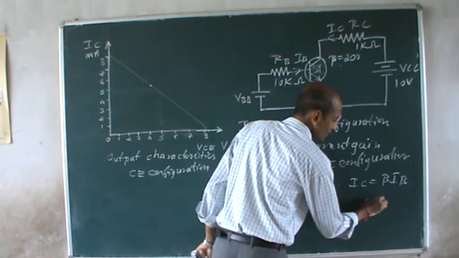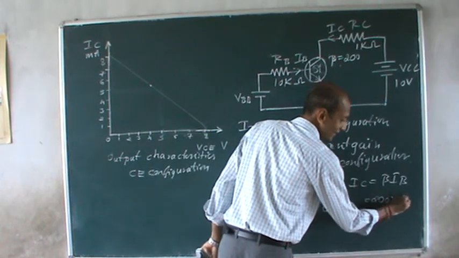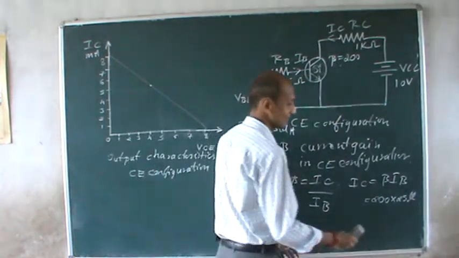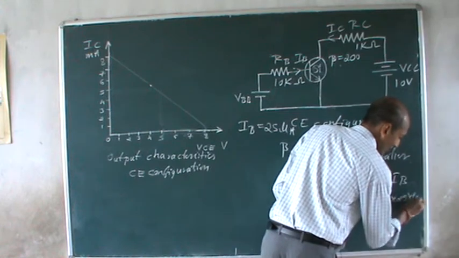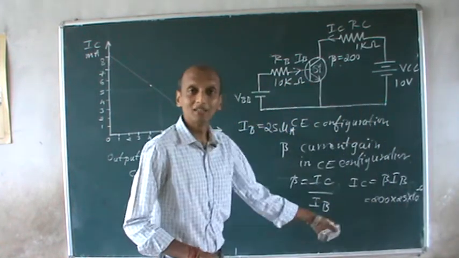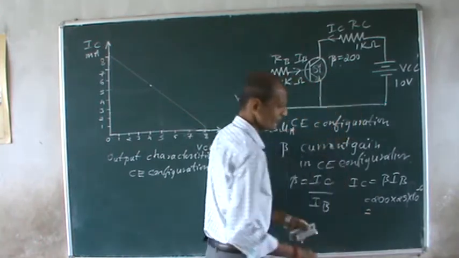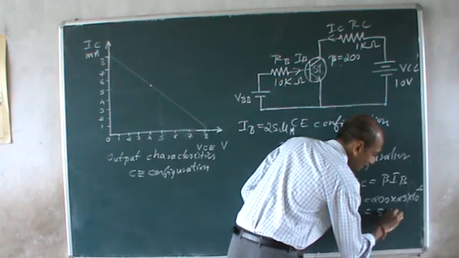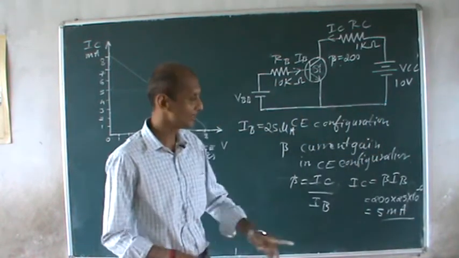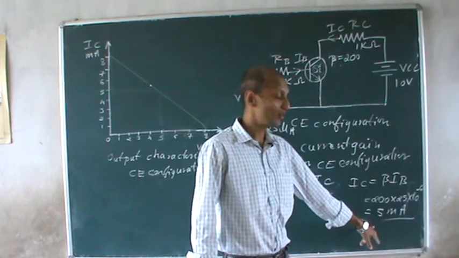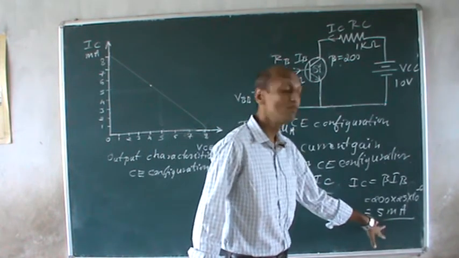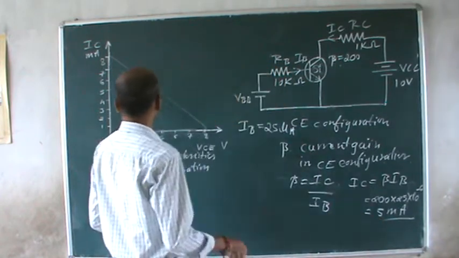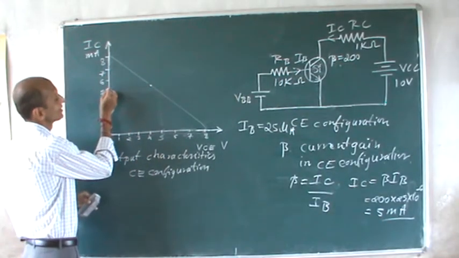IC will be 200 into 25 micro. Micro means 10 power minus 6. If I multiply that, it will be 5 milliamperes. So your IC will be somewhere here.